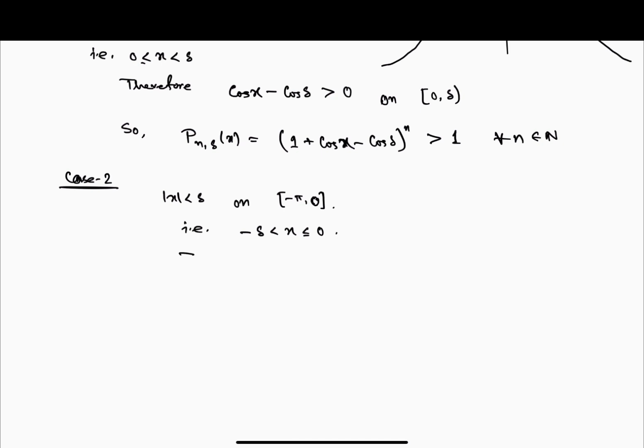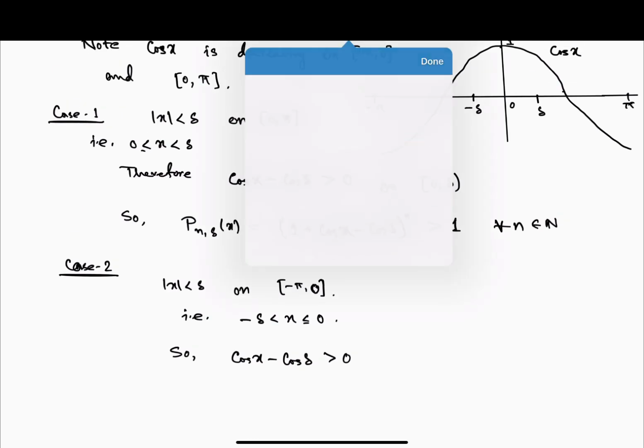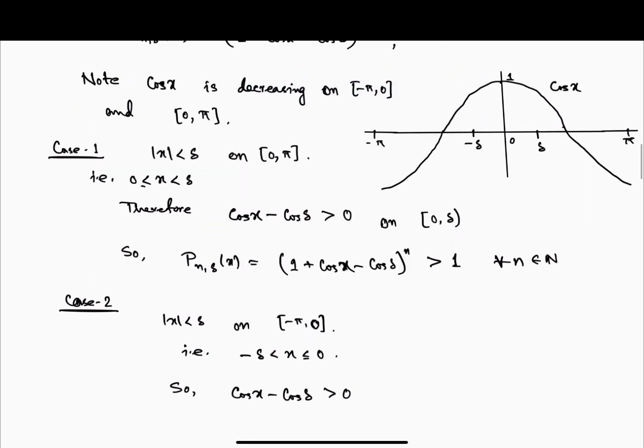So cos x minus cos delta is again positive, because in this range cos x is bigger than cos of minus delta.